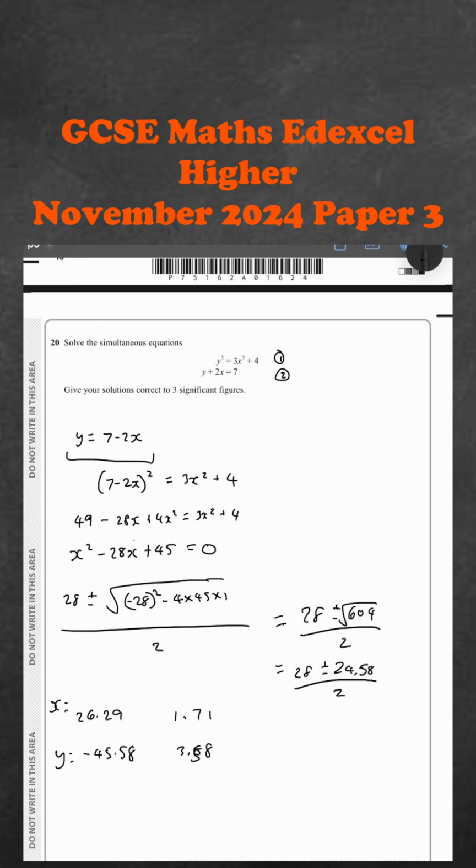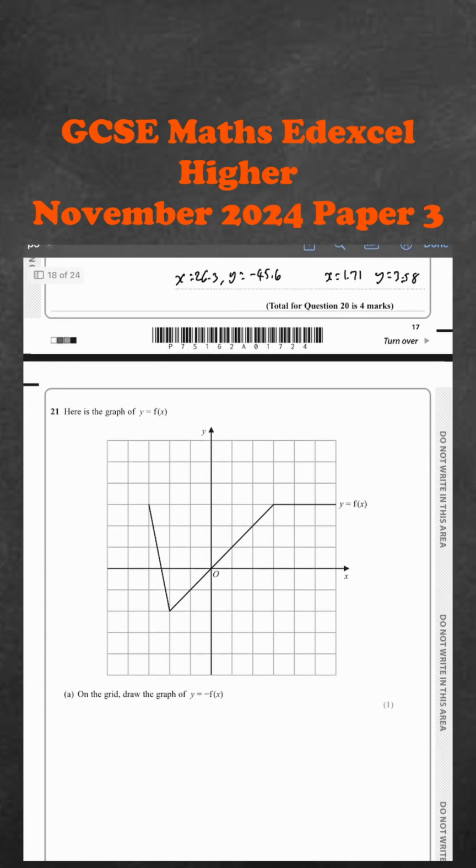And what does the question want? 3 significant figures. So we're going to say the solutions are x equals 26.3, y equals minus 45.6, x equals 1.71, y equals 3.58. And that's us done for 4 marks.